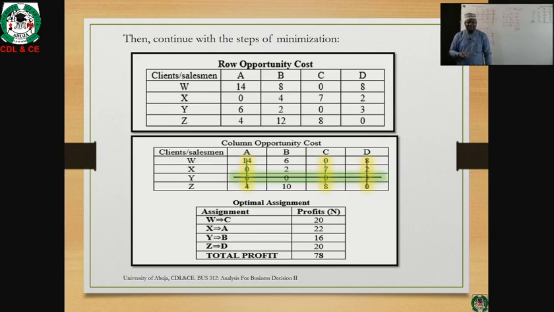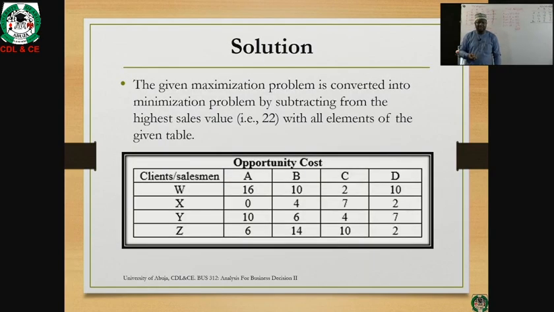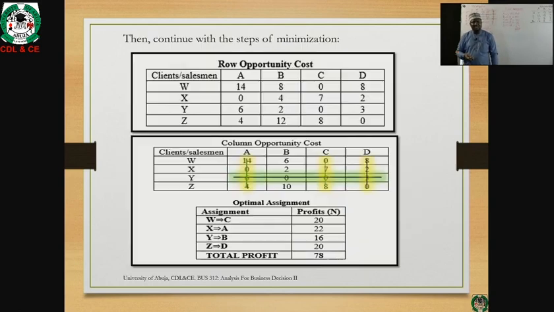So you perform the same operation all through. If you look at Z, for instance, the smallest number there is 2. Subtracting 2 will give 4, 12, 8, 0. And let's see the next table. Exactly what we have. You learned that previously in your minimization problem.